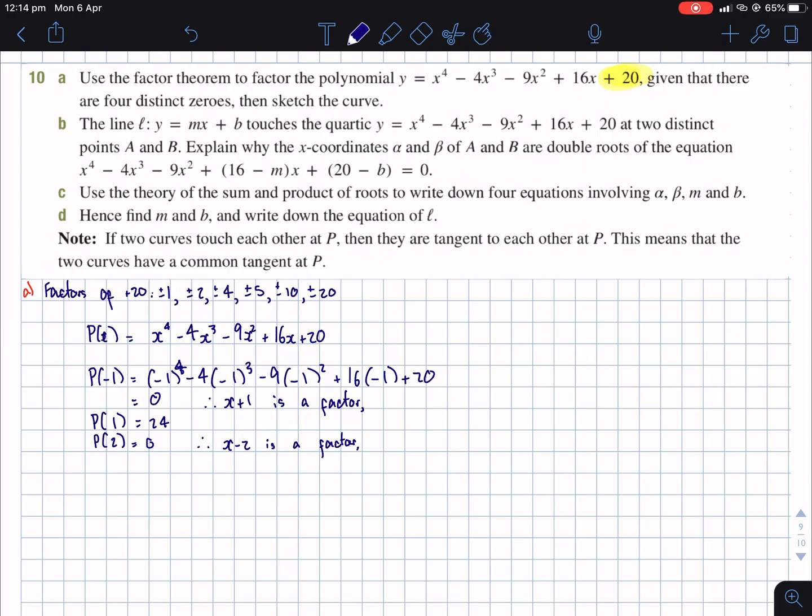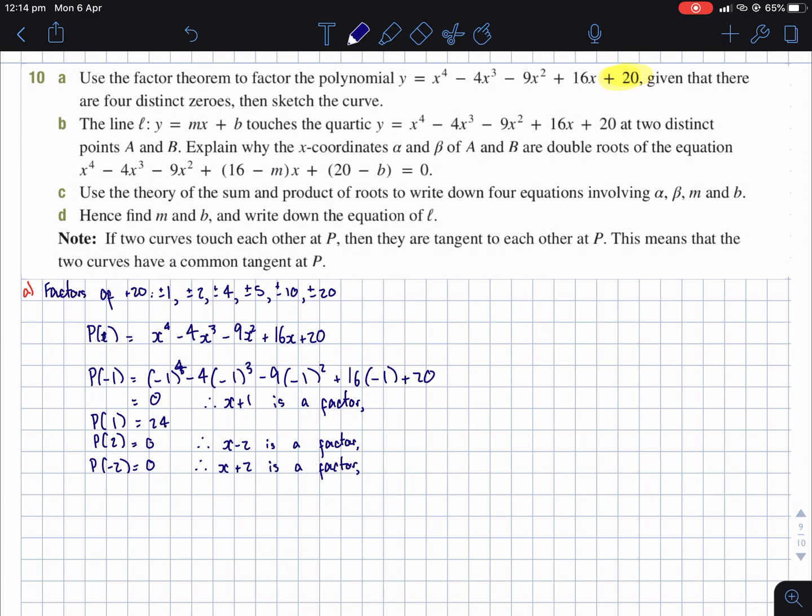Okay, I've found 2. Let's find some more. Ooh, p of negative 2 equals 0, so therefore x plus 2 is a factor.